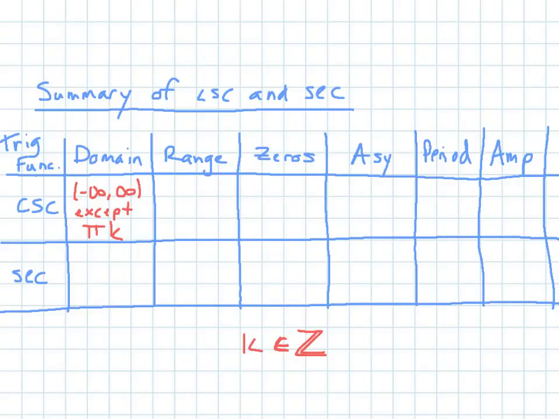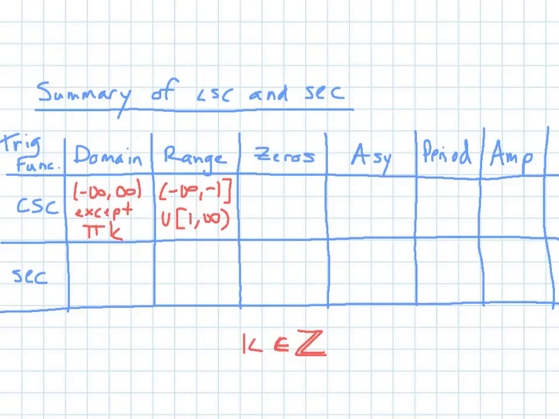Okay, our range, now here we can't get in between negative 1 and 1, so our range is just restricted a little bit. Okay, so that would be our range. So from negative infinity to negative 1, and then union 1 to infinity, including negative 1 and 1, because we can't get those values.